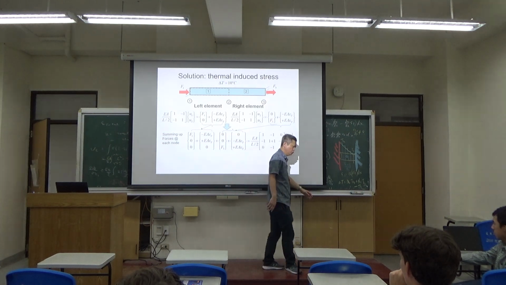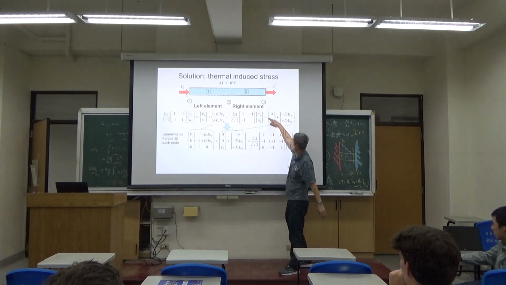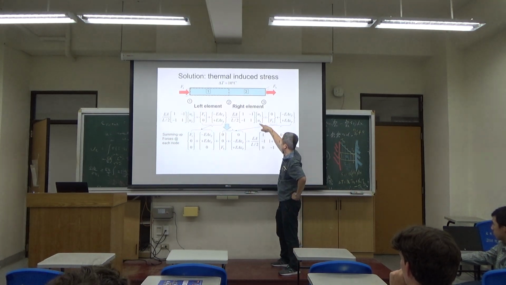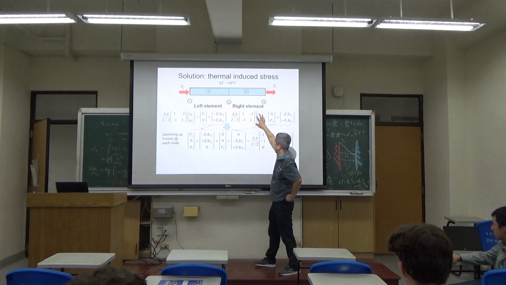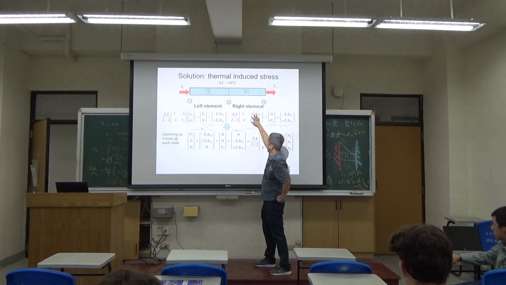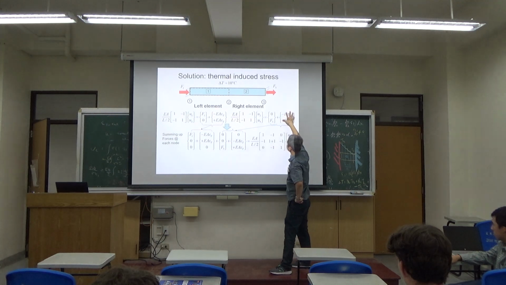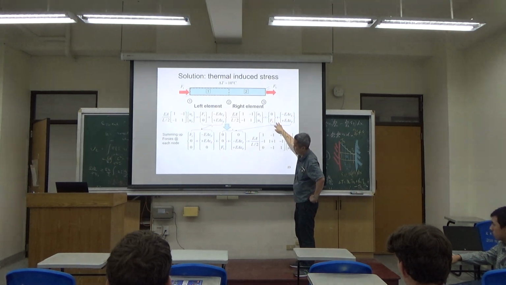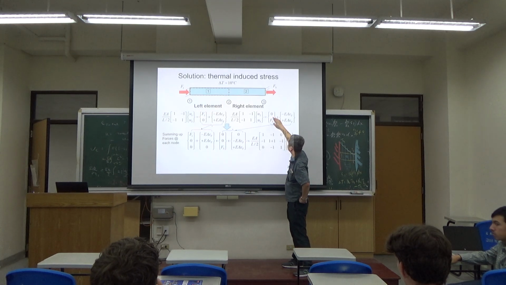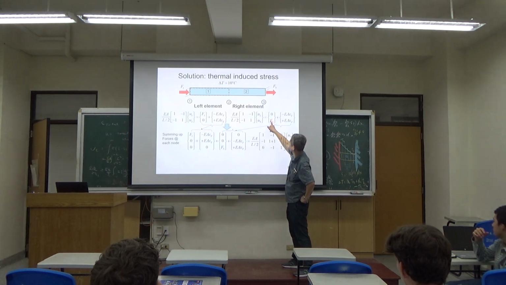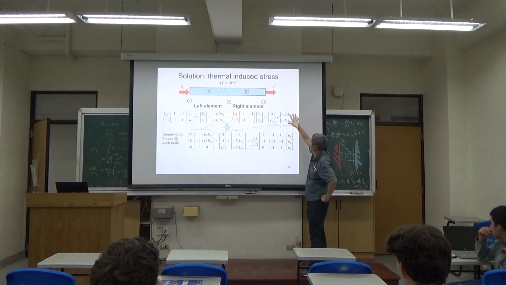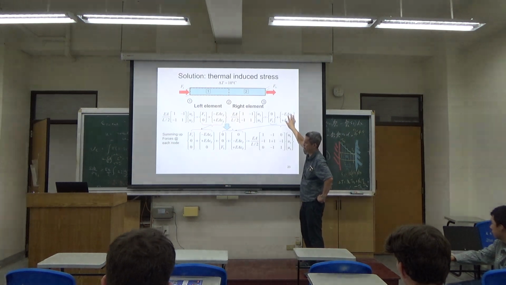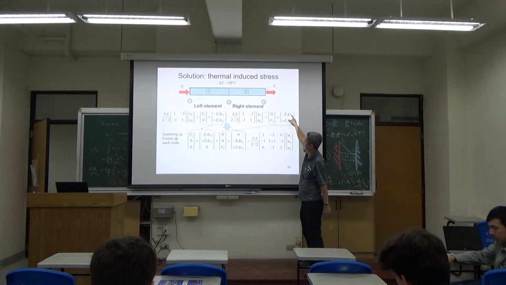How about element 2? For element 2, it is a displacement of U2, U3. This displacement vector is multiplied by a stiffness matrix, which is equal to the force sum. This force sum has a non-zero external force at node 3. There's a reaction force at 3 plus the thermally induced force, which are the tensions.